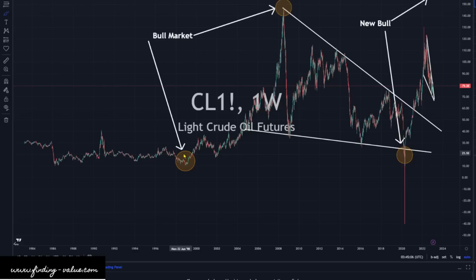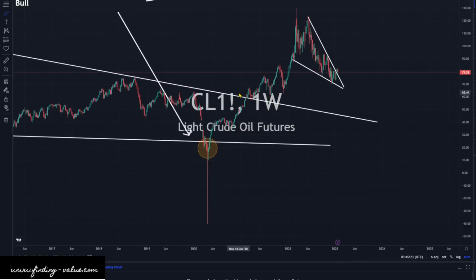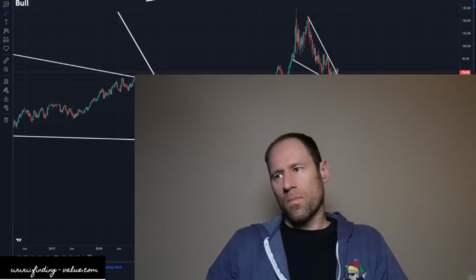And then we break out. You get a pullback here. That's that first pullback. And then we head on up. That is my guess. So that's kind of the accumulation cylinder. That's kind of what I'm seeing in patterns for some of these commodities and companies. They're out there.